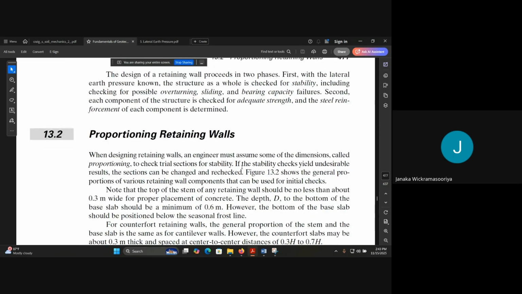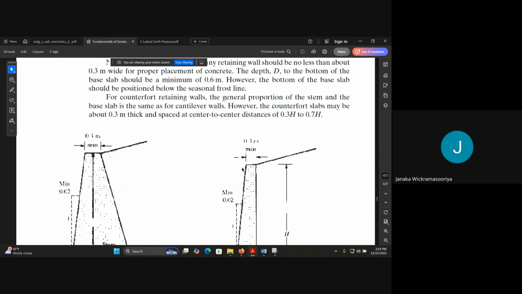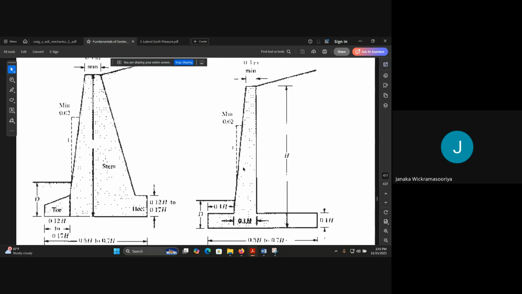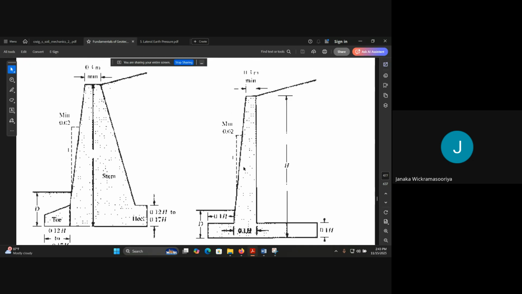I think these dimensions are a little bit not clear. However, if we take the total height as H, then there are some ratios. So this toe can be 0.12 H, and this height is 0.12 H, something like that. There are some basic ratios. However, we don't need those things.